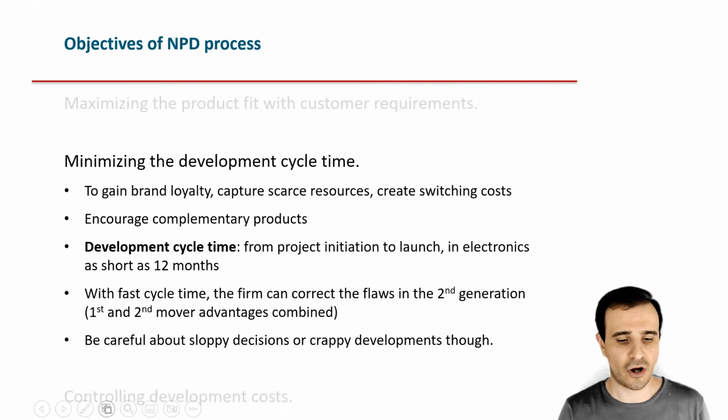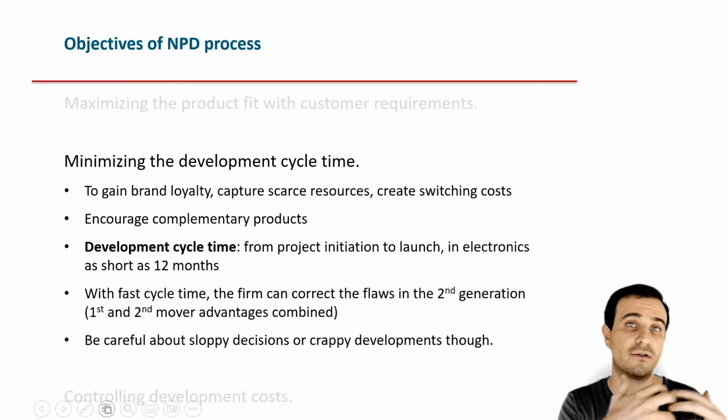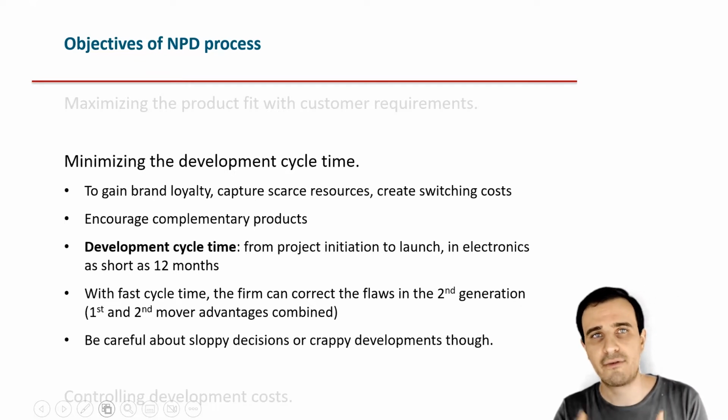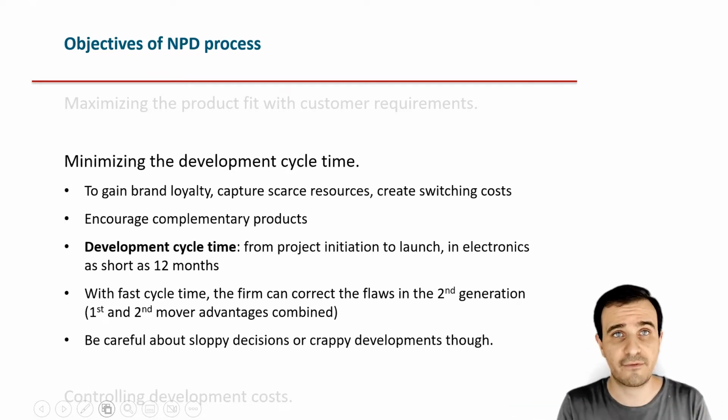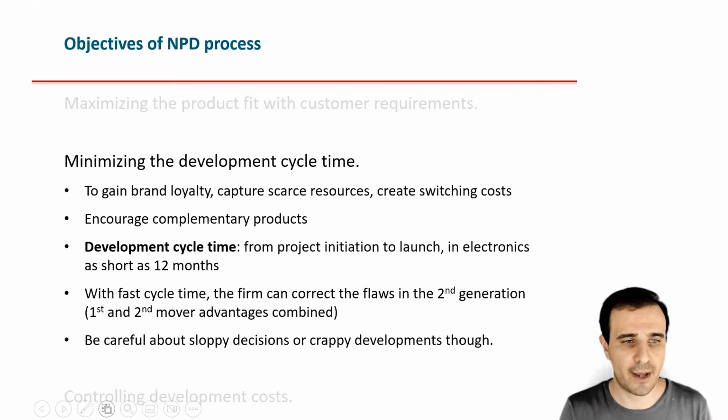However, it's not always good to rush things, so you should have some measures in place to avoid making sloppy decisions or poor development. So this is a sort of check and balance within the firm to ensure that this is not going to happen.